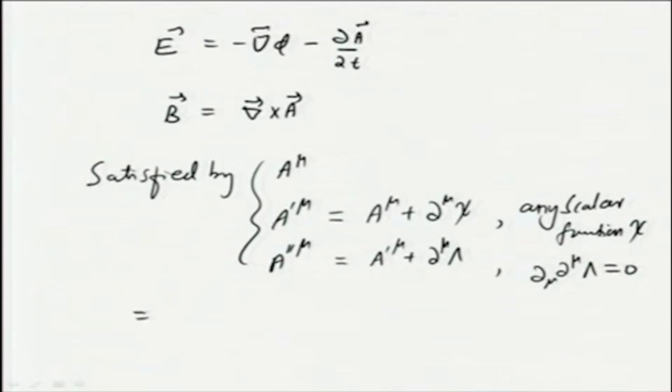This gives dou mu A prime mu equal to 0, and also dou mu A double prime mu equal to 0, the divergence condition.